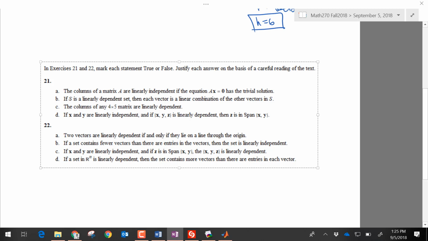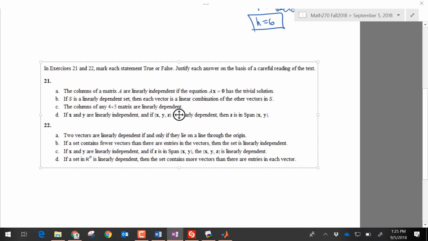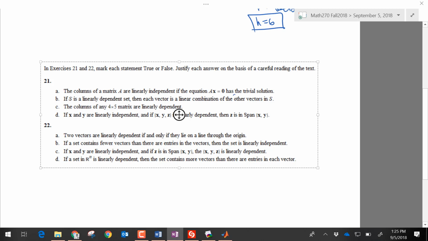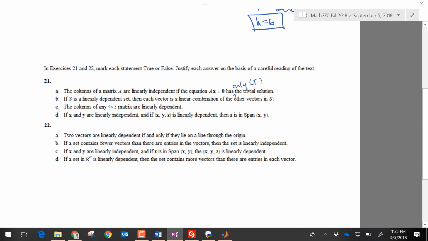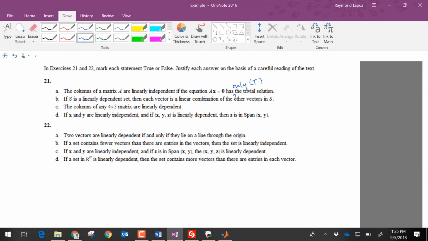Ax equals 0 always has a trivial solution, but it could also have other solutions. And so what Nate was saying, if the word only was here, has only, then it would be true. But otherwise, the statement is false.